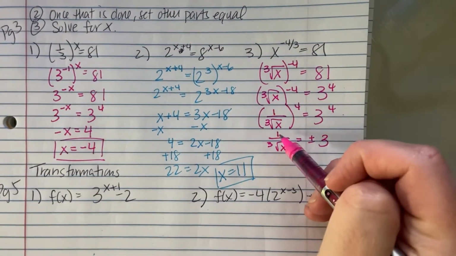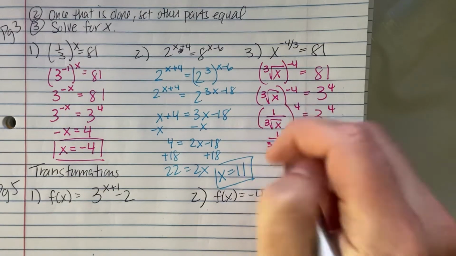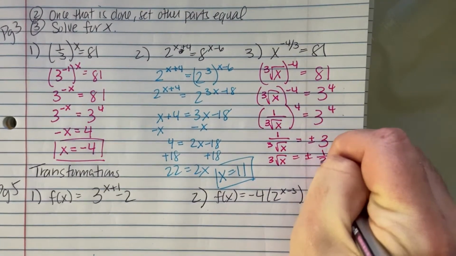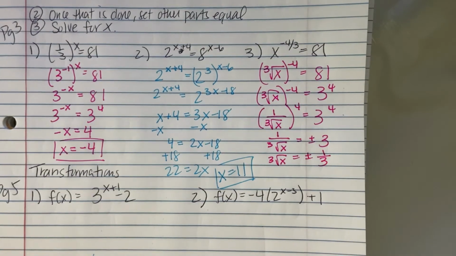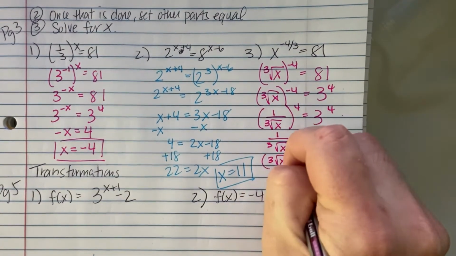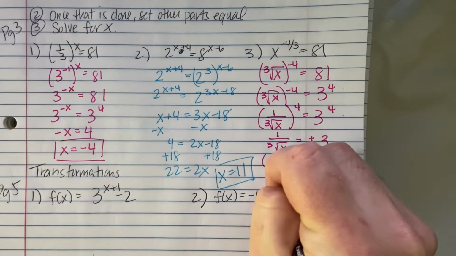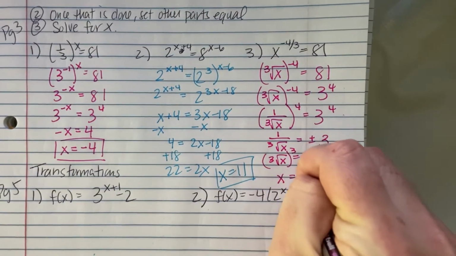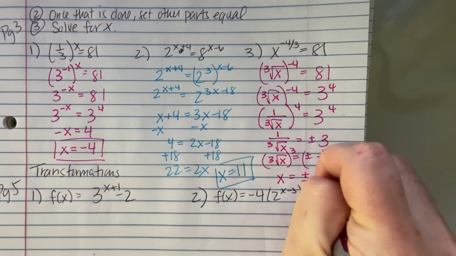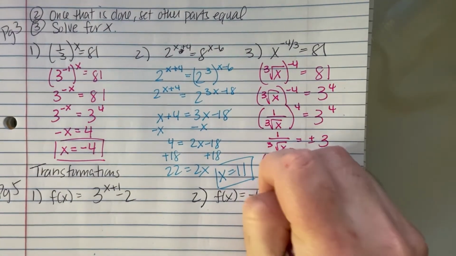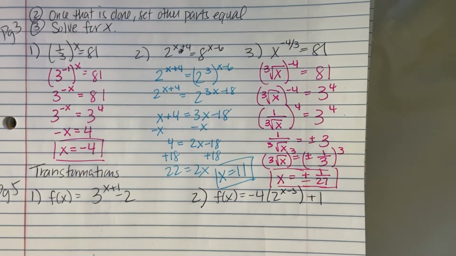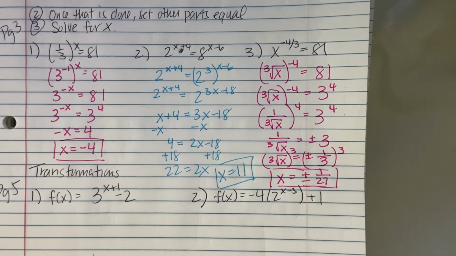If I flip this side, then I also have to flip that side. So the cube root of x equals plus or minus 1/3. Now how do I get rid of the cube root? I cube both sides. So that means x equals, raising a negative to an odd power is still negative, so I still need a plus or minus 1/27. None of the problems should be any harder than that one is.